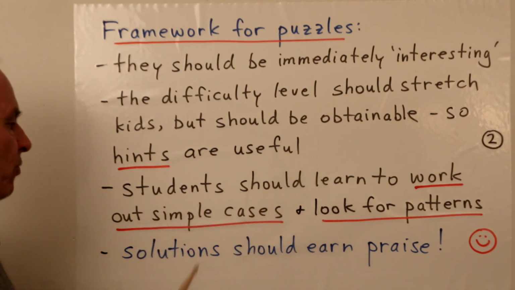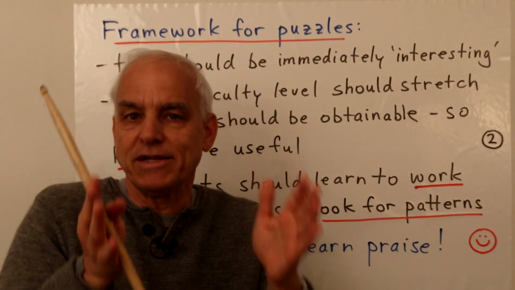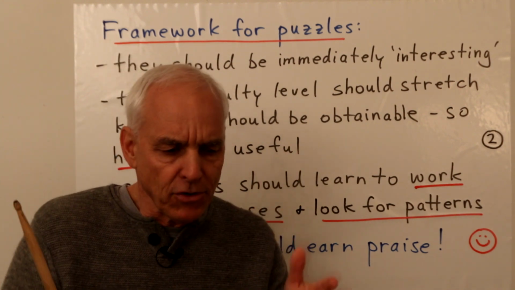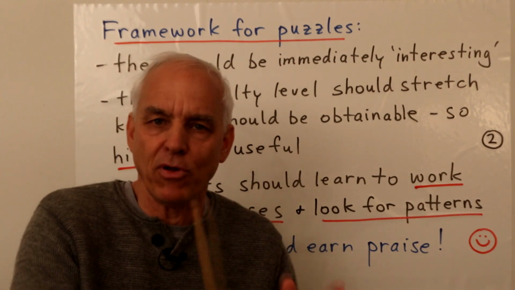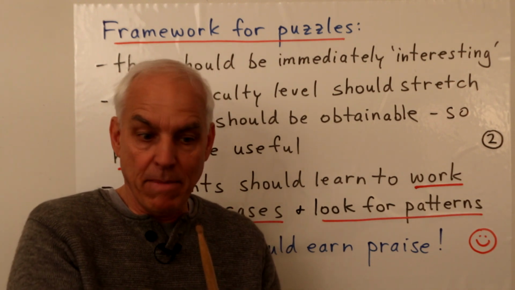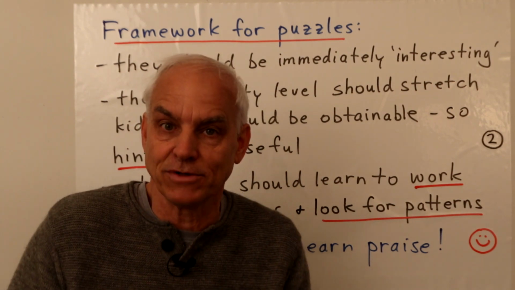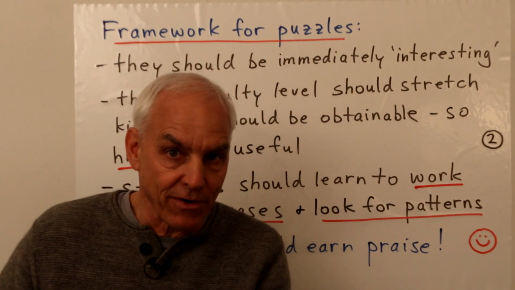Students should learn to work out simple cases. That's an important kind of orientation towards problems. We don't know what to do. Let's work out a simple case, okay, and see what happens in this simple case. And maybe after we've done that, maybe there's a second simple case that we can work out, and maybe a third.